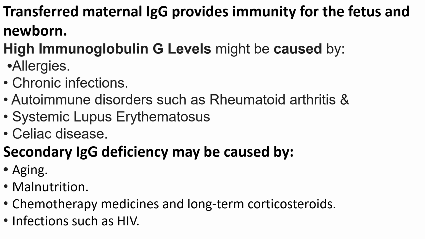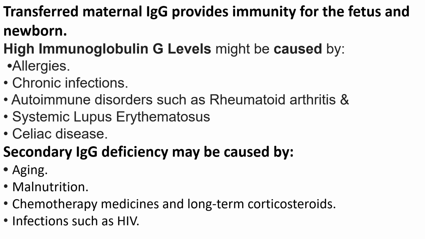When we estimate the levels of immunoglobulin G in the circulation, if they are increased, they indicate allergies, the presence of a chronic infection, or autoimmune disorders such as rheumatoid arthritis and systemic lupus erythematosus, or the individual may suffer from celiac disease.